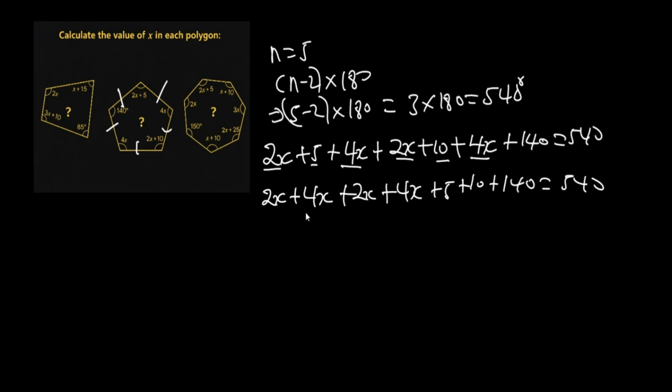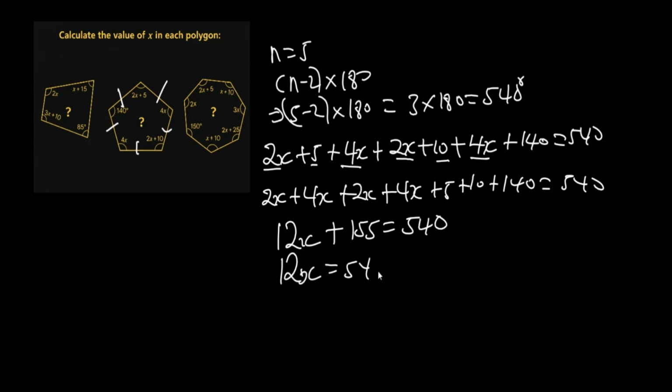Now 2x plus 4x is 6x, 6x plus 2x is 8x, and then 8x plus 4x is 12x. Now 5 plus 10 is 15, and 15 plus 140 is 155, which is equal to 540. Let's make this one the subject.